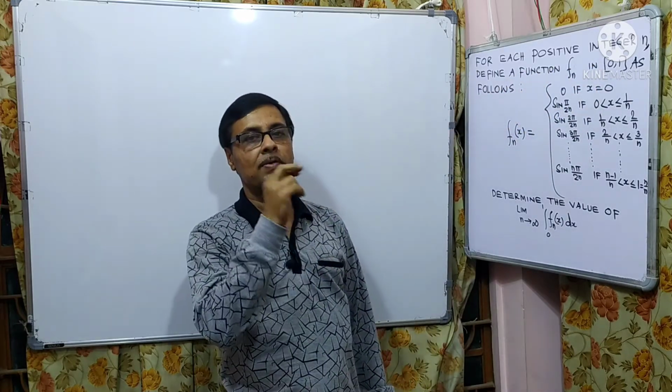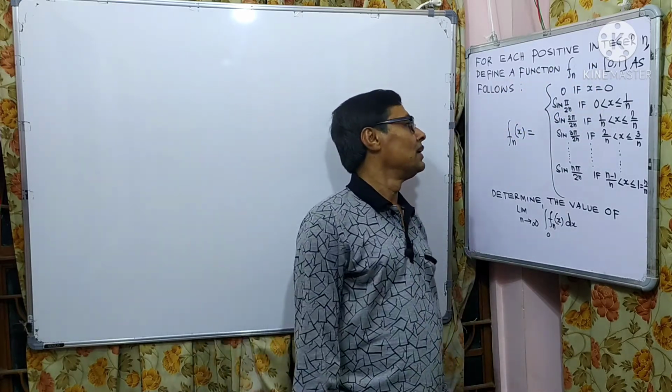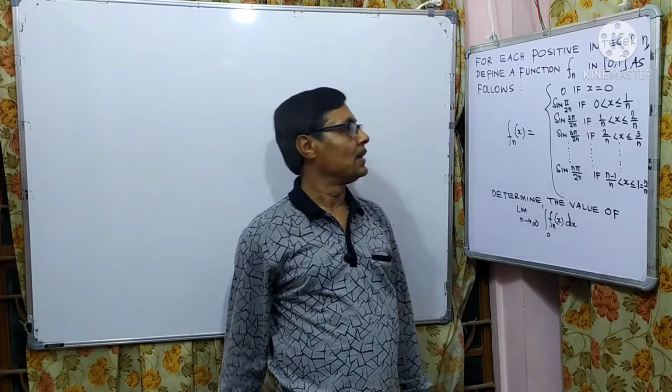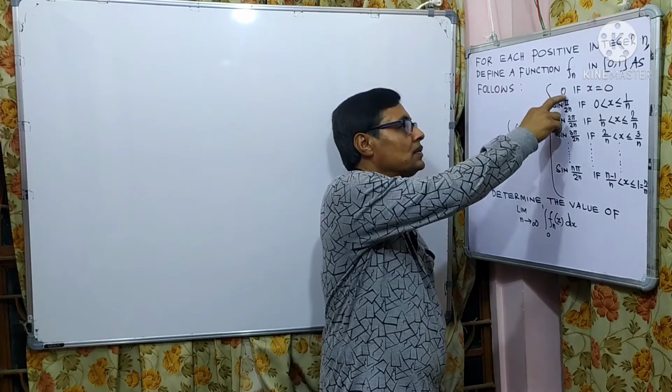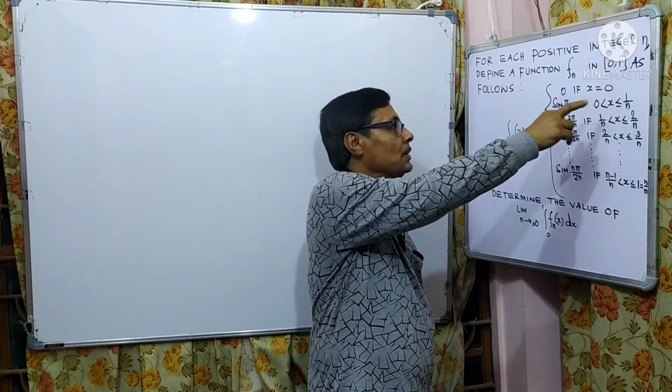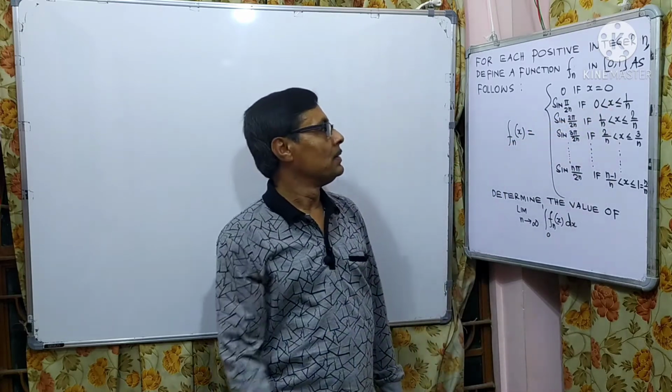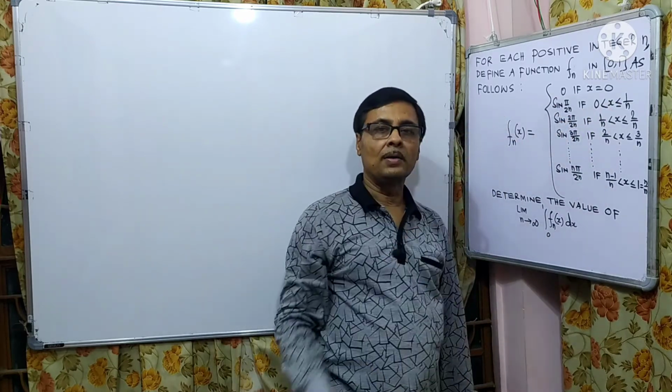[0, 1] is divided into n sub-intervals, and the function is defined in each sub-interval. It is equal to 0 when x equals 0. In the semi-closed interval (0, 1/n], the function is sin(pi/2n).